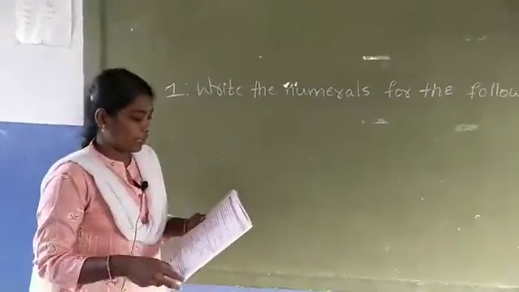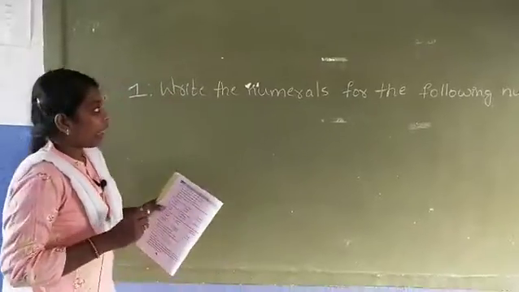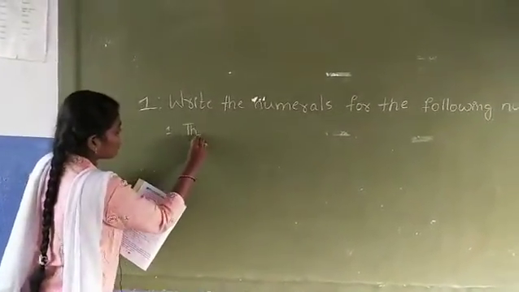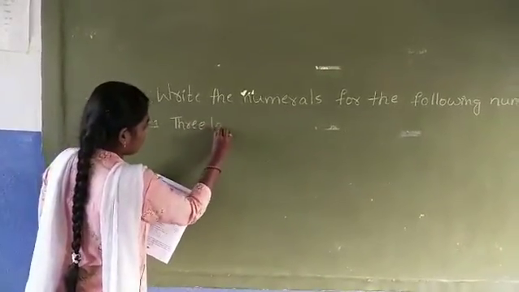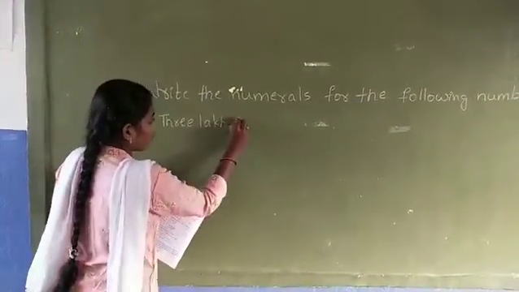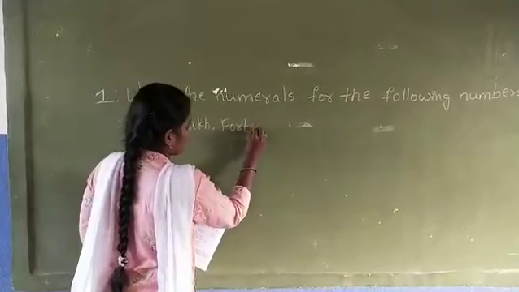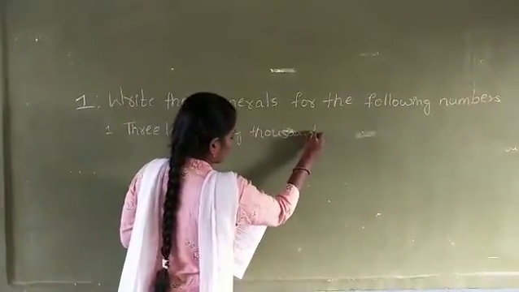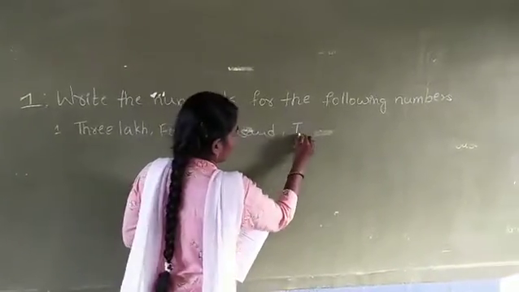In this first bit, we have 5 questions. I am explaining the first problem. 3,40,000 and 207.